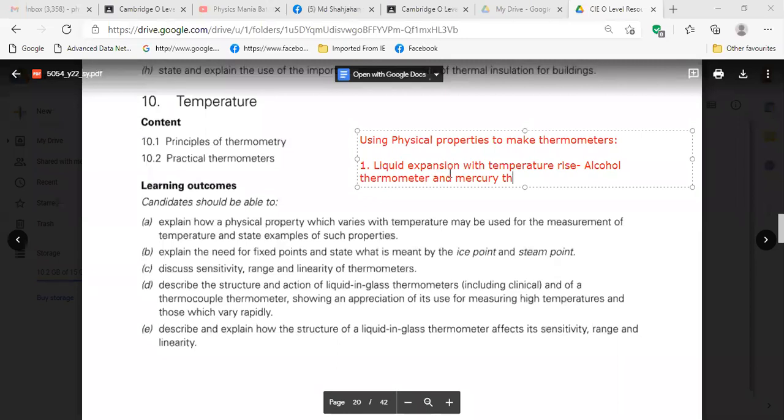Yes, sir. Liquid expansion with temperature rise. We get it in the alcohol thermometer and the mercury in glass thermometer.